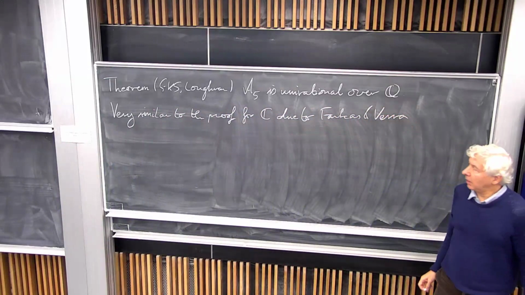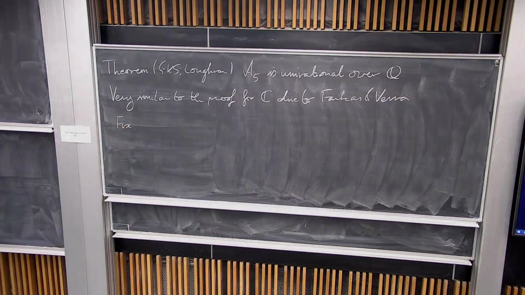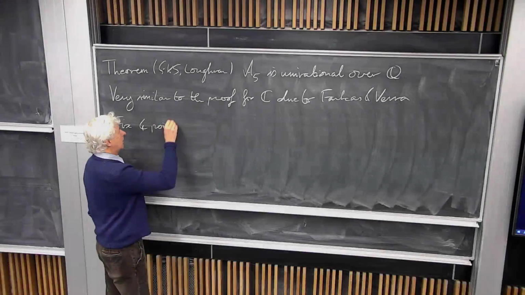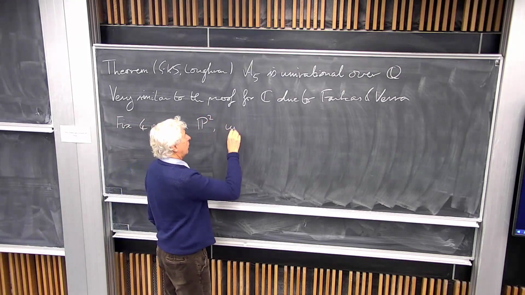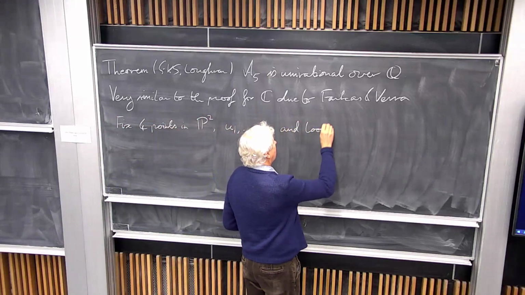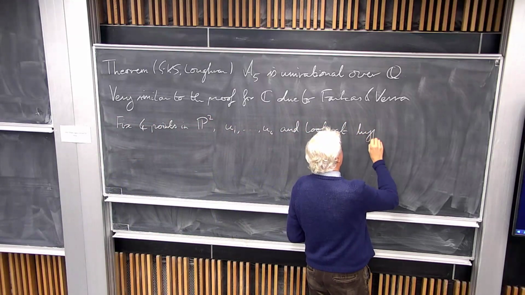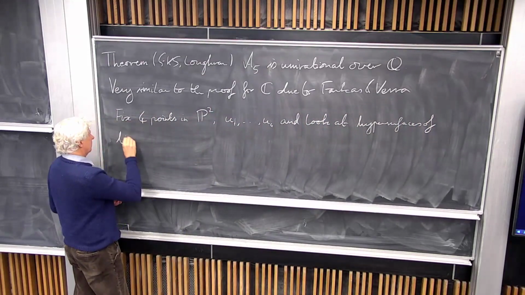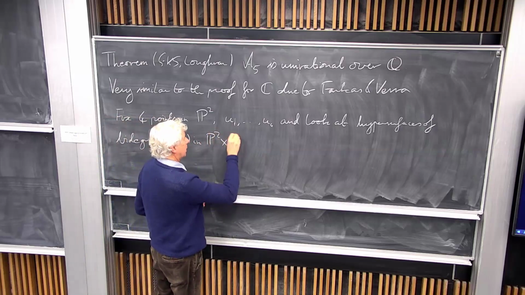What you do is you fix 4 points in P2, and call them u1 up to u4, and you look at hypersurfaces of bidegree 2,2 in P2 cross P2.